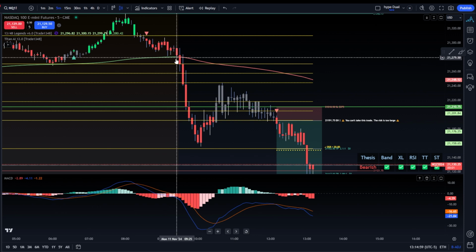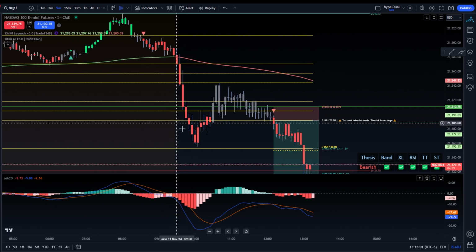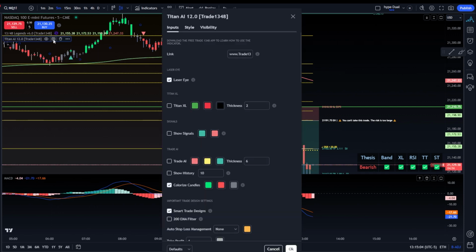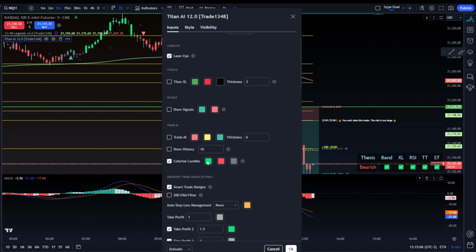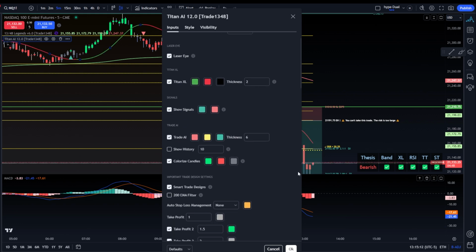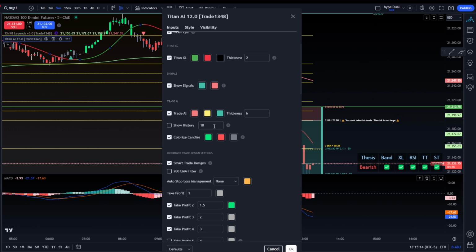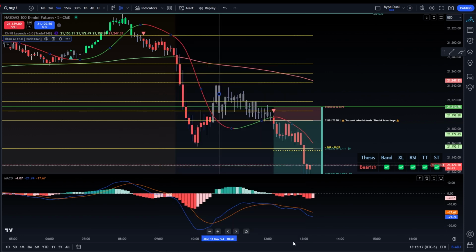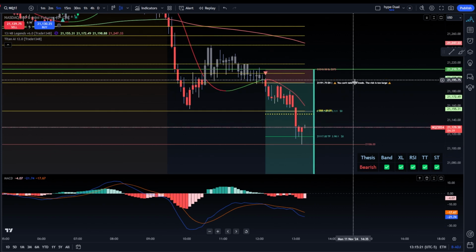So we're only going to take trades that have the multiple confluences. So let's turn this on. Let's turn on our Excel. Let's show our signals. Let's set our trade AI, and then let's click OK. We're going to get into this here because, guys, this is very dynamic.